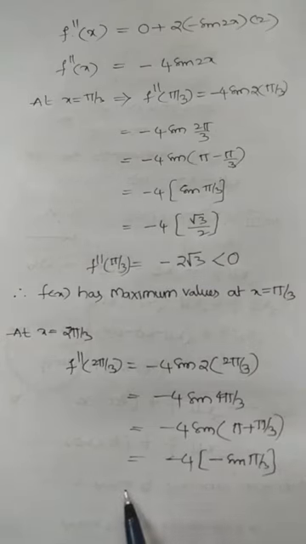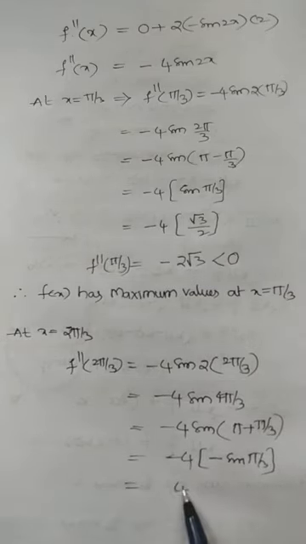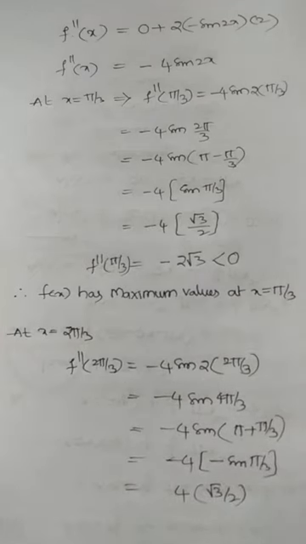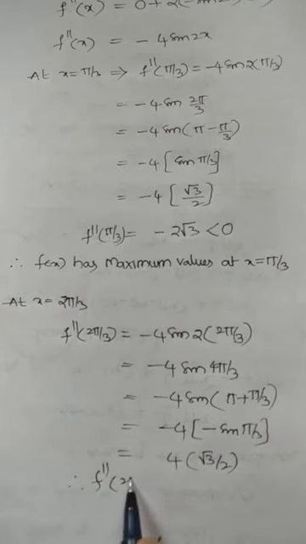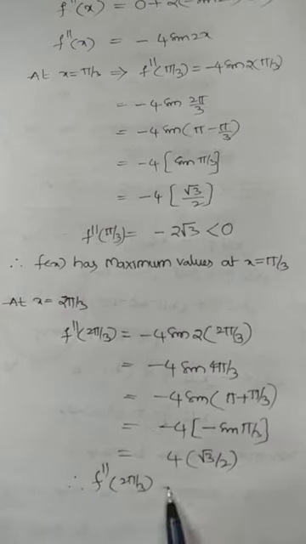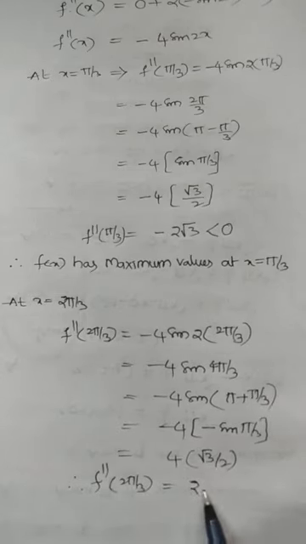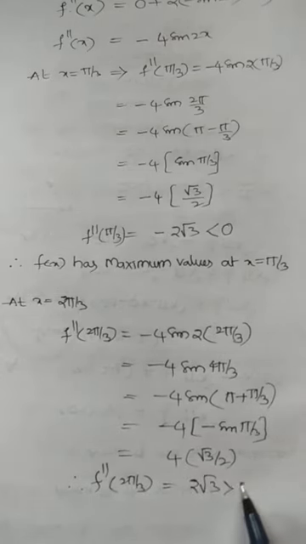So what are we getting? Minus of minus gives 4 sin π/3, and the value of sin π/3 is √3/2. Therefore f''(2π/3) is 2√3, which is greater than 0.